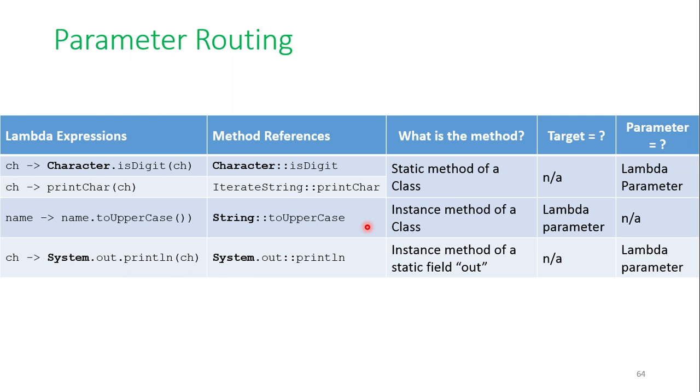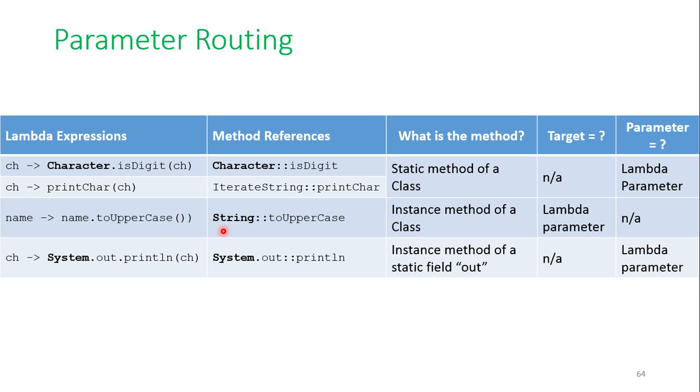Java is just smart enough to realize that toUpperCase is an instance method of the class String. Therefore, it needs an object of class String. It needs a reference to an object of class String to be called upon. And it's going to identify that your name parameter for the lambda is such a reference. So it's just going to use it to call the method on it. And there's no need for parameters to the toUpperCase method, right?